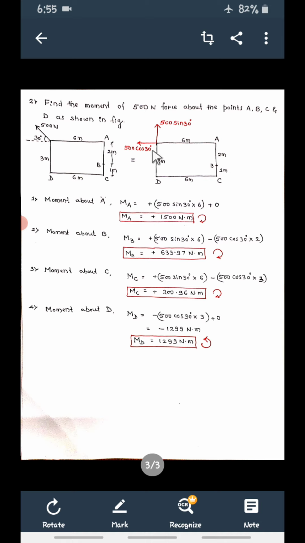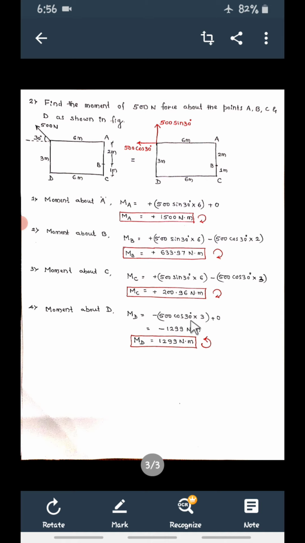Now consider the moment of this other force about D. With reference to D, this will produce anti-clockwise, and anti-clockwise means minus. So minus 500 cos 30 into the perpendicular distance between this force and D, which is 3 meters.